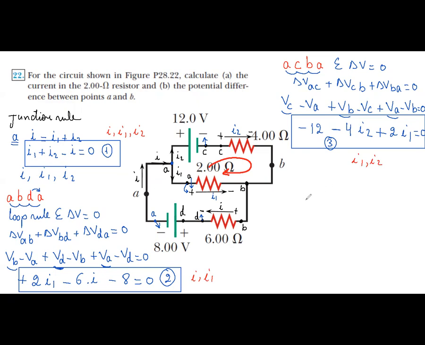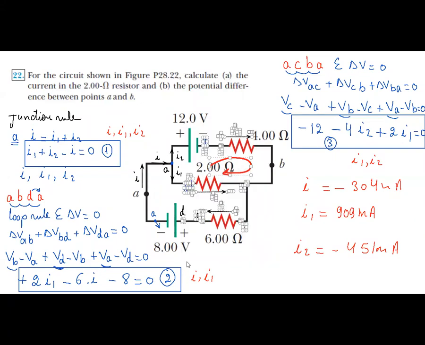Finally, here we have I, I1, and I2. Here we get the value of each one.